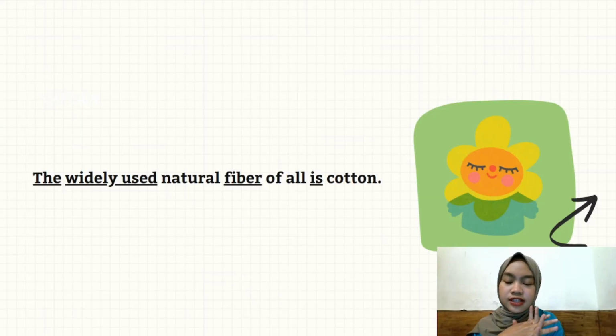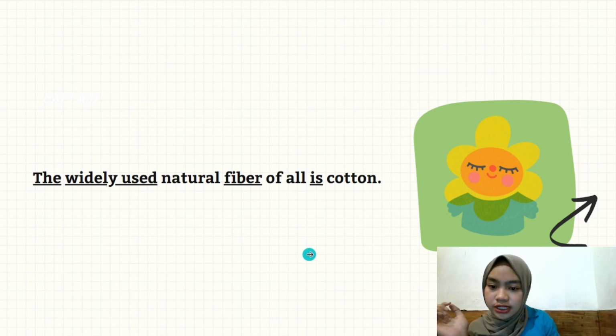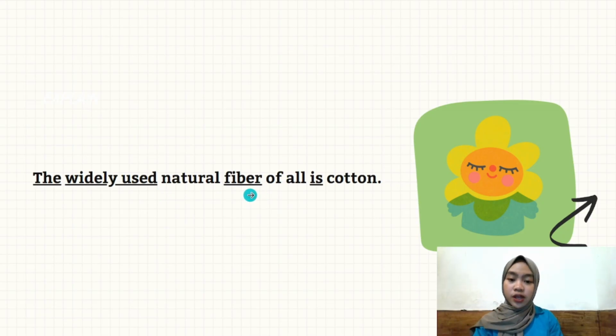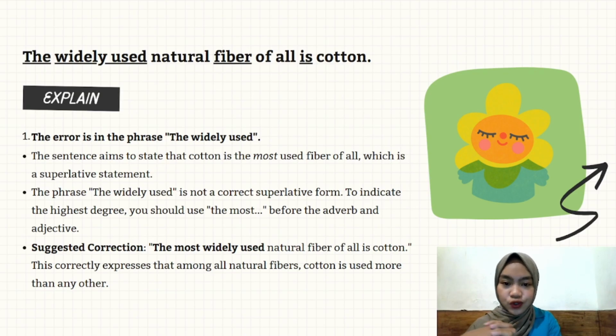The second exercise for error recognition is: The widely used natural fiber of all is cotton. Okay, the first underline is the widely used, the second underline is fiber, and the last underline is the final part. So, the answer of the error recognition is the widely used.